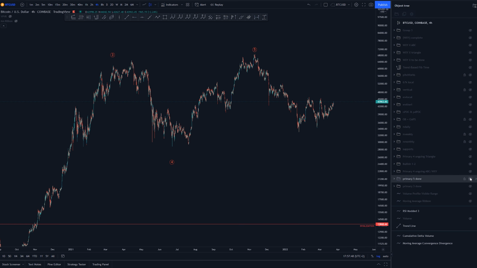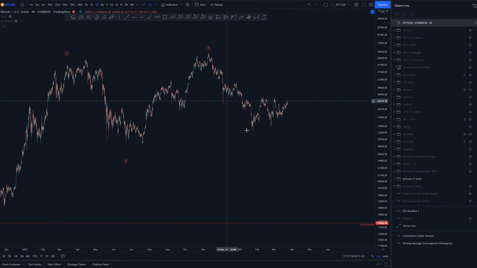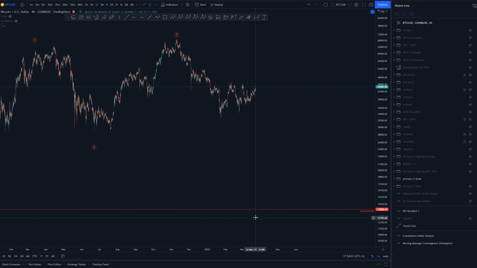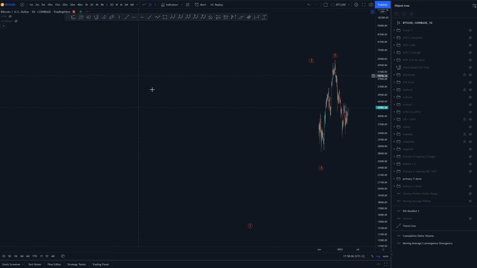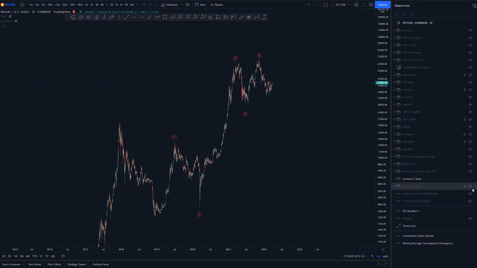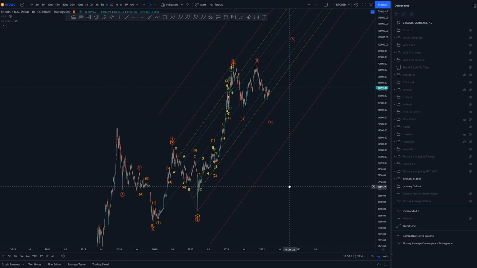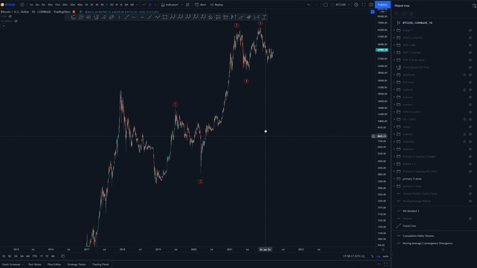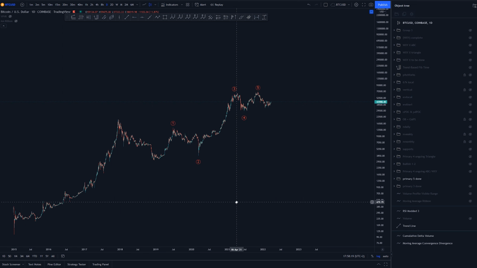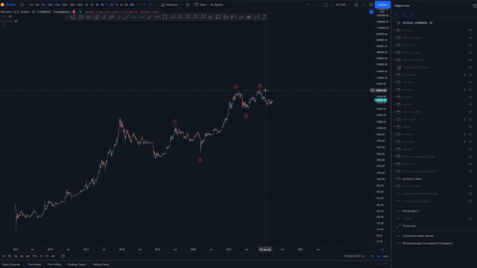Another idea is that we've actually completed the 4, and with this in mind we would be coming down real deep, and this invalidation is actually not right, but this would be a really big correction, as this would be, actually I don't even see it on this chart, but it would come down real fast.